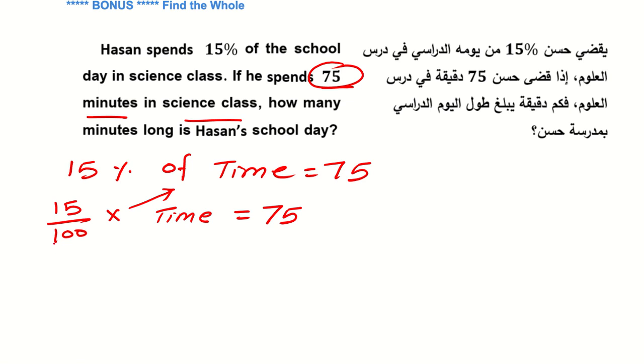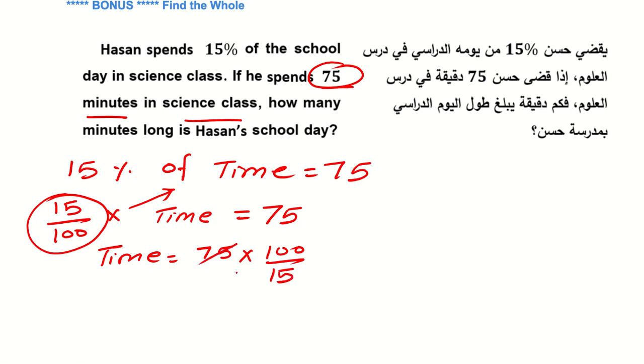Now we can, by reciprocal, multiply by 100 over 15 on both sides. So you will get time is equal to 75 times 100 over 15. Now 75 divided by 15 will become 5 and the answer will be 500.